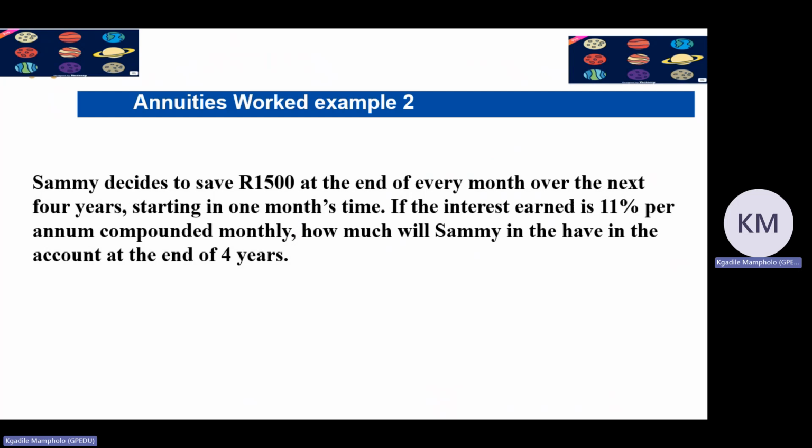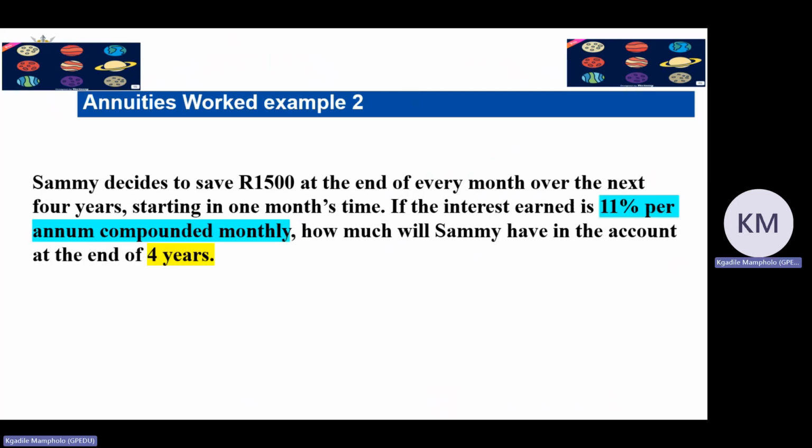Now let's look into the next worked example. I didn't change other values, but I just wanted to consider when the first payment was made. Now, in this question, we say starting in 1 month's time.